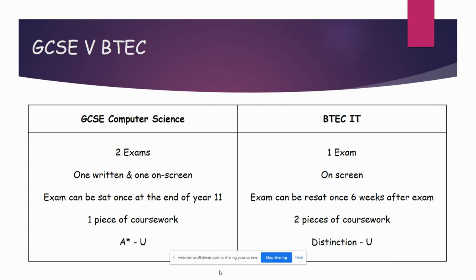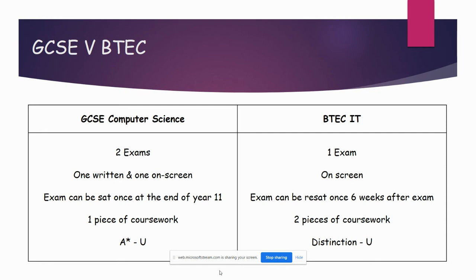So the differences then, just a GCSE computer science versus a BTEC IT. The GCSE computer science has 2 exams. The BTEC IT exam only has 1 exam. GCSE is 1 written and 1 on screen. The BTEC IT is just 1 on screen exam. The GCSE, like all the others, all of the exams are sat at the end of year 11.